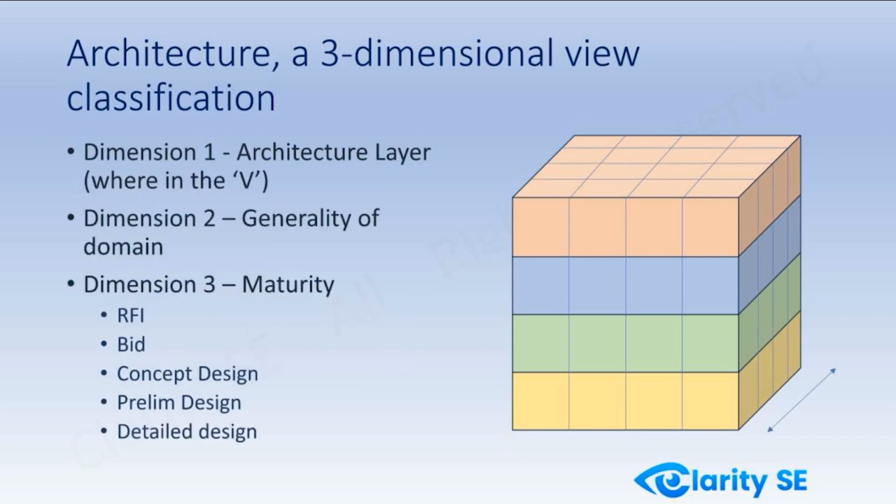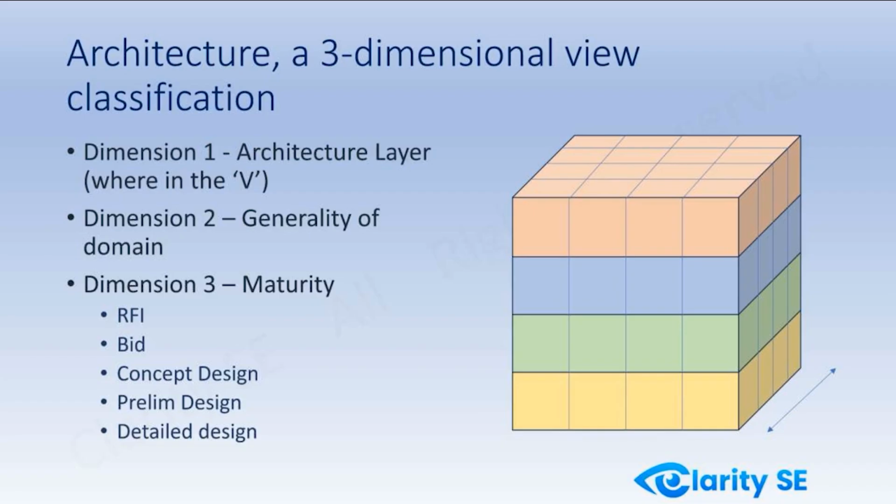And then the third dimension here, which I like to think about, is the maturity. So I mentioned before that you can actually build architectures in a way that allows during a bid and during a final complete design, and that's what the third dimension here might represent.